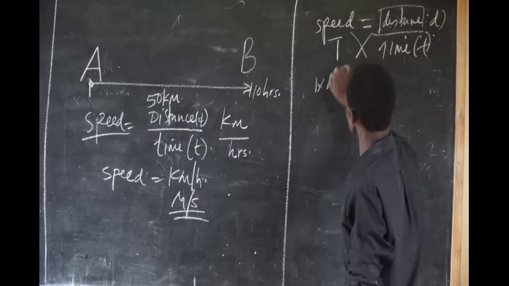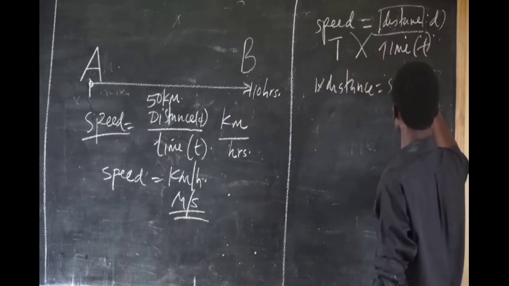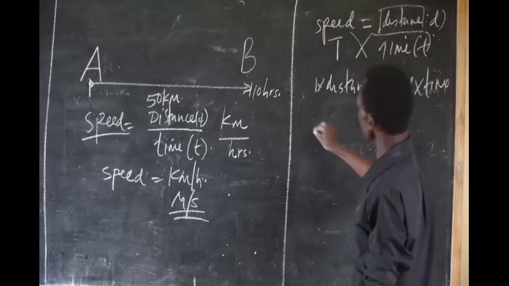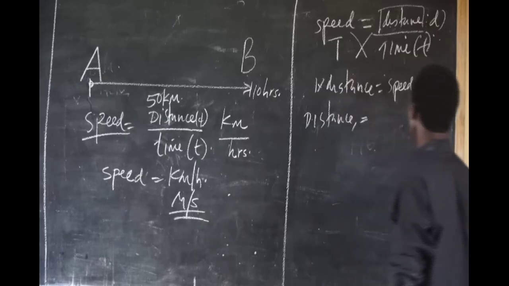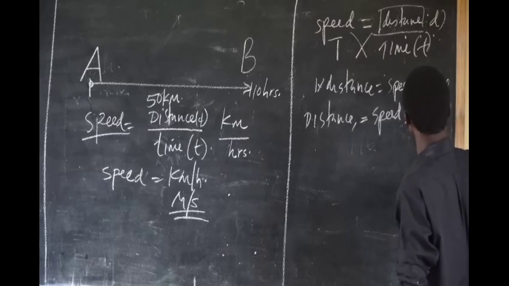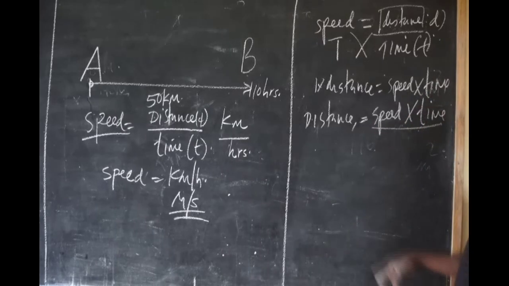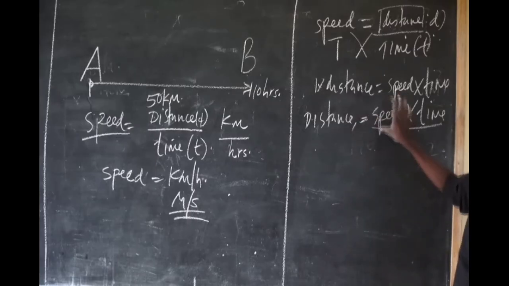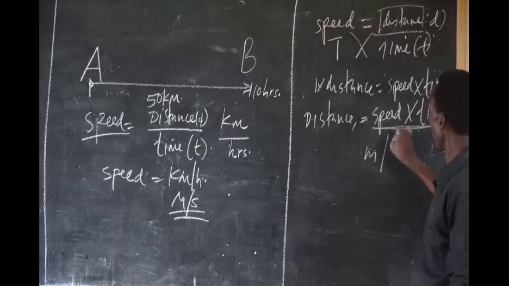It is 1 times distance, which is equal to speed times time. Therefore, distance can be calculated by taking the speed of an object times the time that you have taken, that is, the speed multiplied by the time taken to cover that distance. Distance is measured in meters or kilometers.